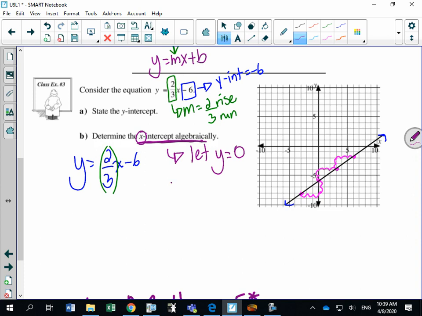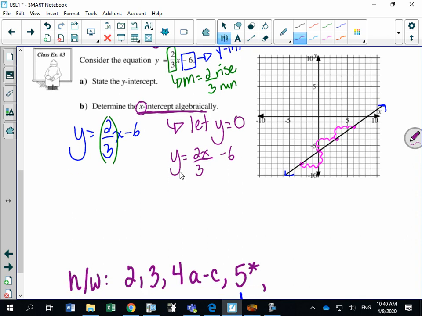So our equation was y is equal to 2 over 3 x, and I'm actually going to put the x up here, minus 6. Okay, we want what x is, so let's let y equal 0. So 0 is equal to 2x over 3 minus 6.